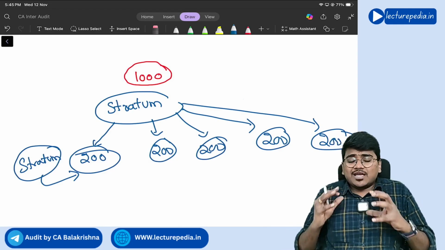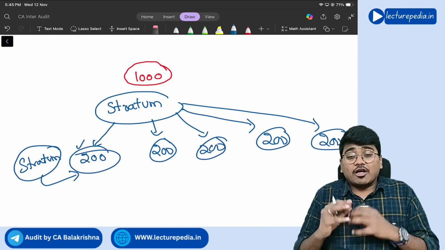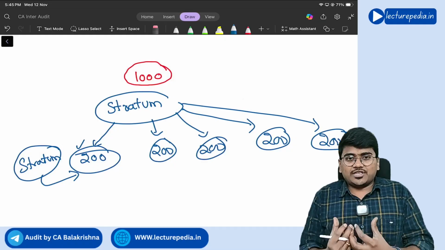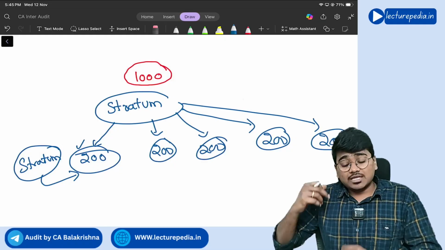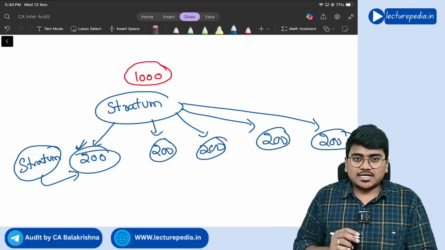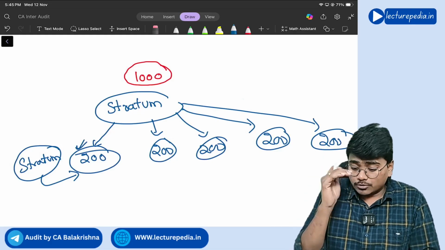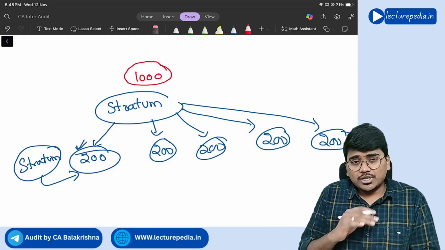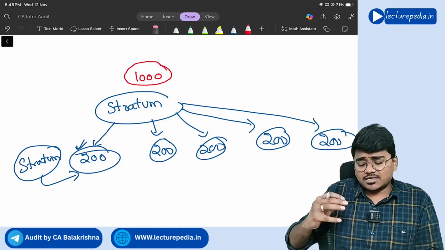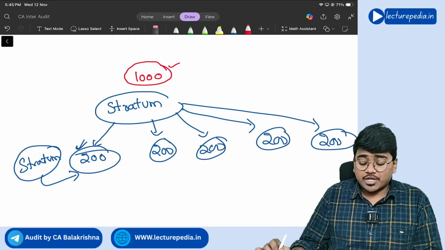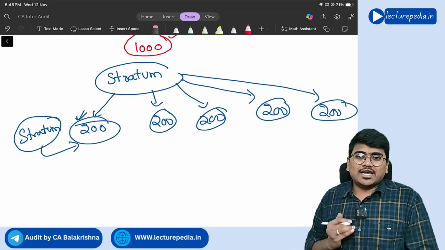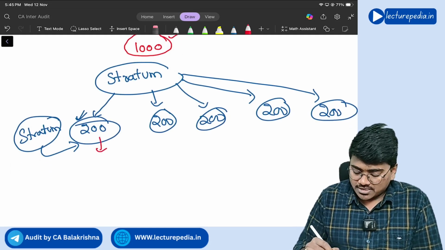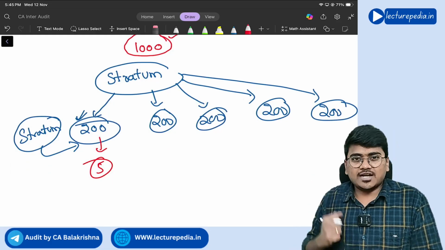Another feature of stratified random sampling is that all the items of a stratum will have similar features. Same characteristics will be there in all the items of the stratum. Getting it? Now you have divided the population into strata. Now from each stratum, randomly you will select some of the items. From this stratum, 5 items randomly you will select.